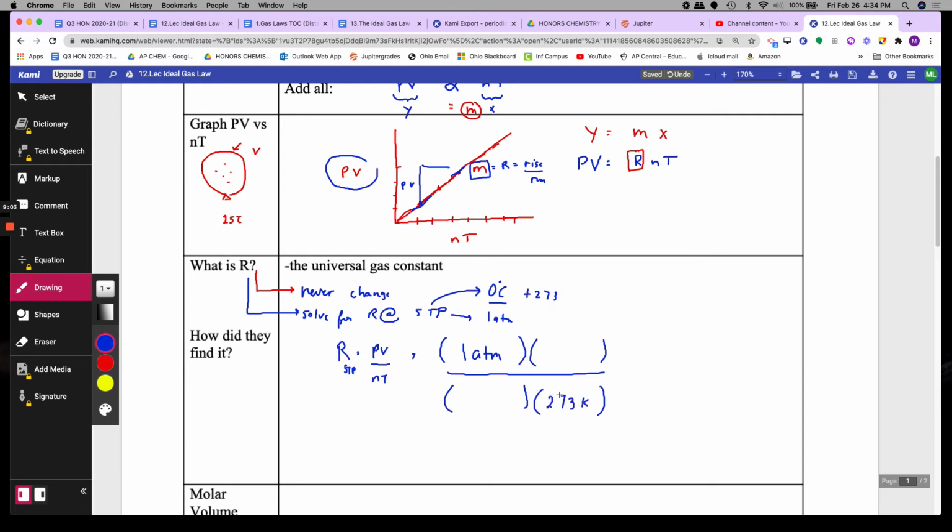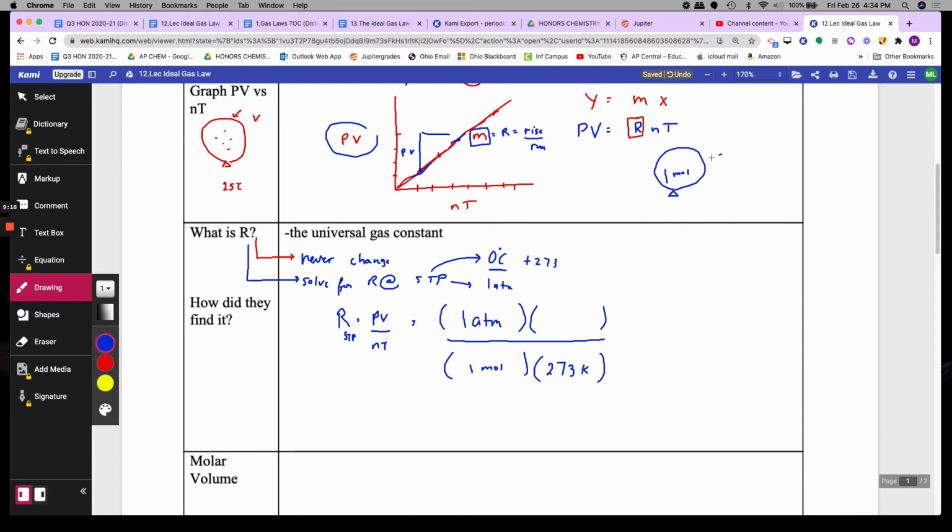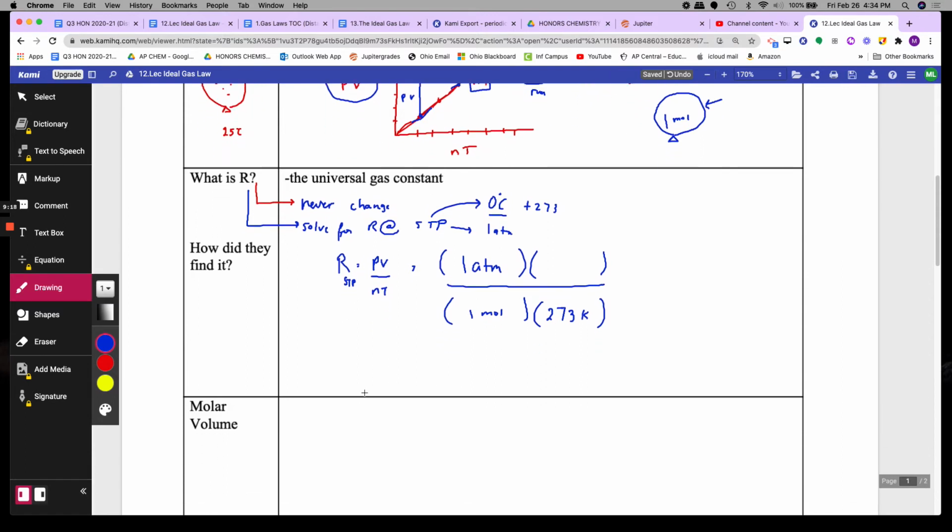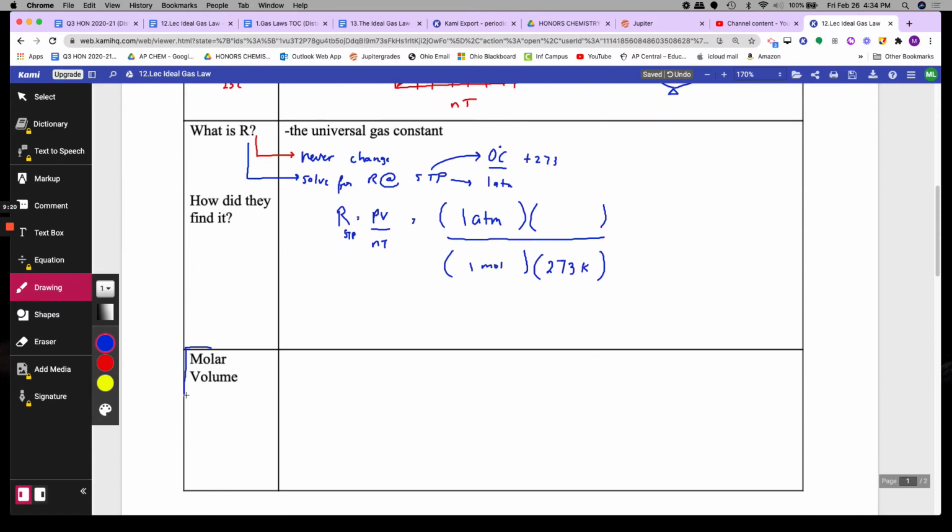Okay, now it's up to us how many moles we want to put in a balloon. Let's pick 1 mole because it's easy. So 1 mole, and let's think, what is the volume of that 1 mole? That volume is called the molar volume. Here's a fact.